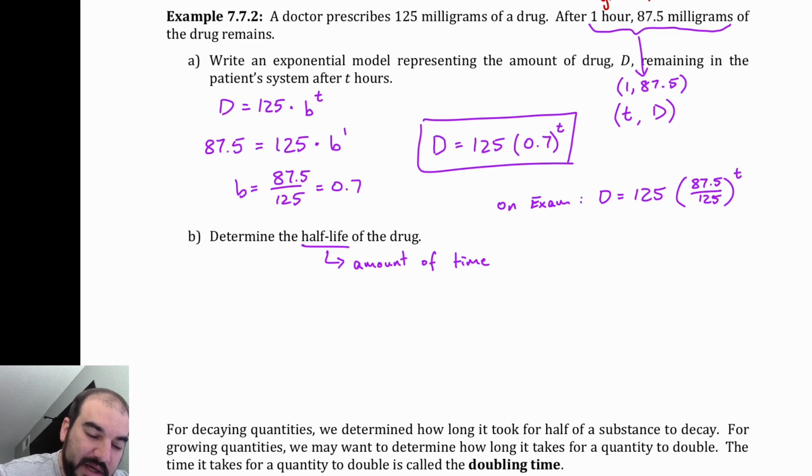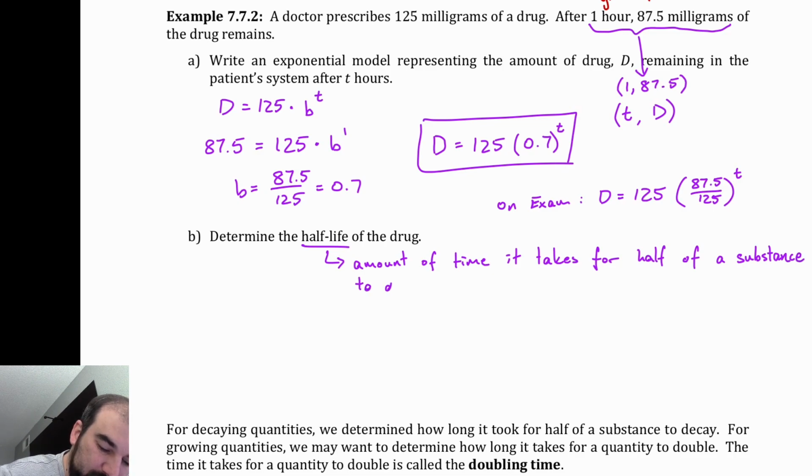It's specifically the amount of time it takes for half of a substance to decay, and so after half of the substance has decayed, only half of the substance would remain.